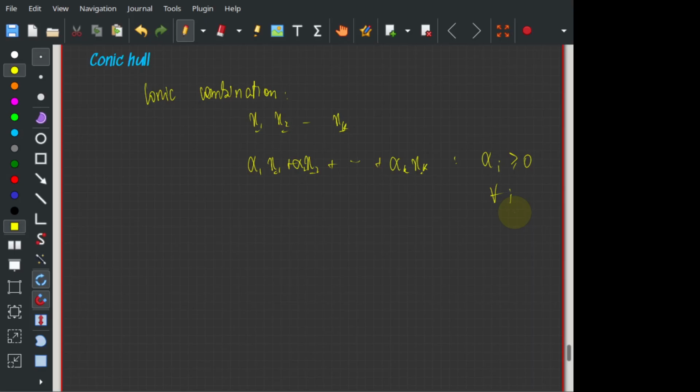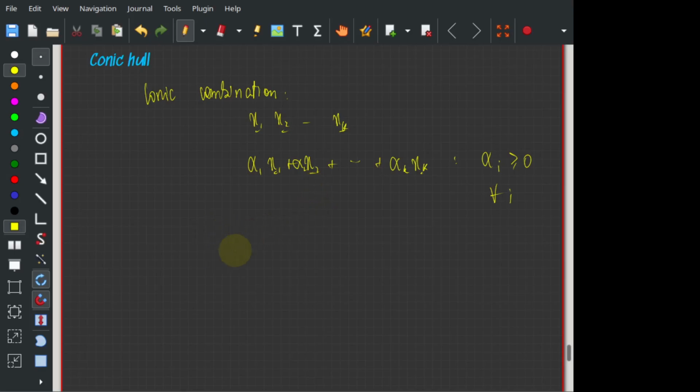Right? And a conic hull is essentially, I should be a little more precise here, it's not necessarily the smallest cone that contains this set, but it's the smallest convex cone which contains this particular set. So a conic hull is basically the set of all conic combinations of points in the set.